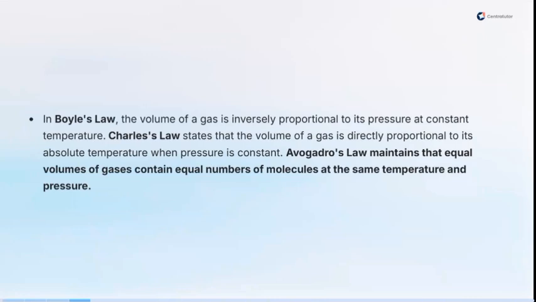According to Avogadro's law, the number of moles is the same at the same temperature and pressure. That's the simple statement of Avogadro's law: equal volumes of gases contain equal numbers of moles at the same temperature and pressure.